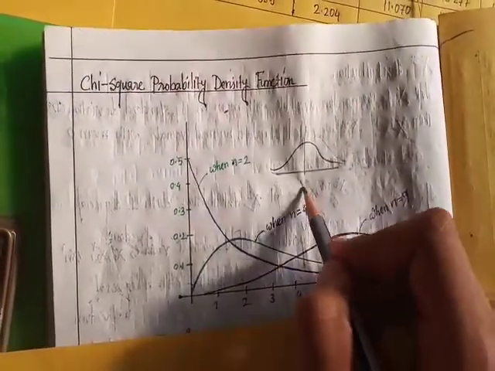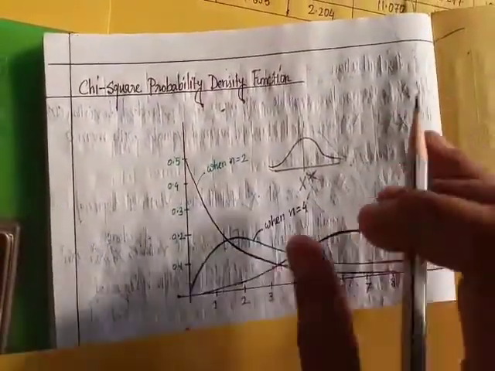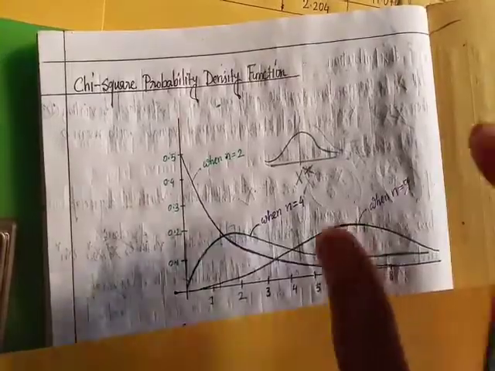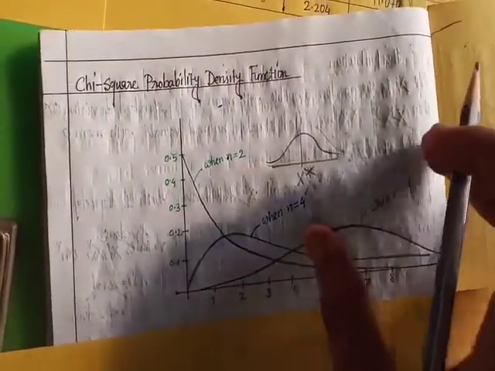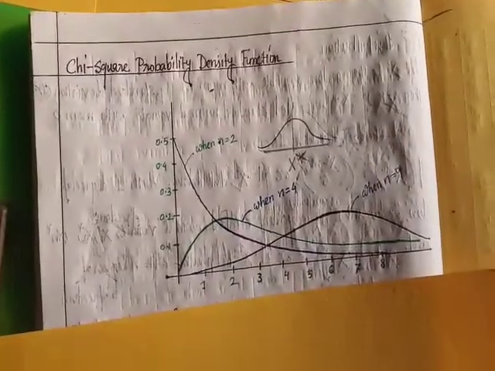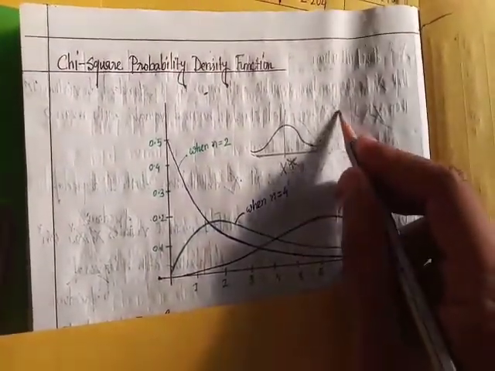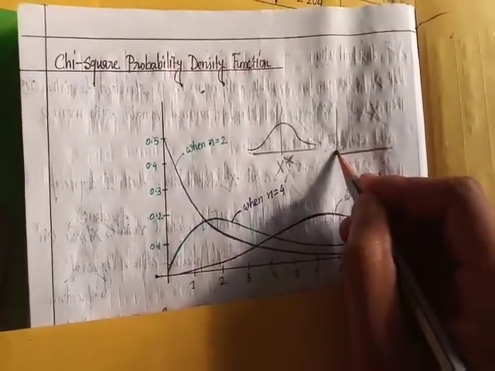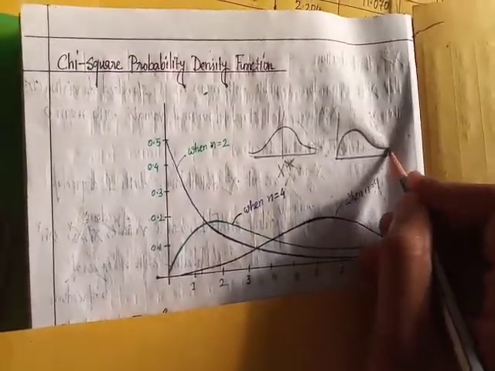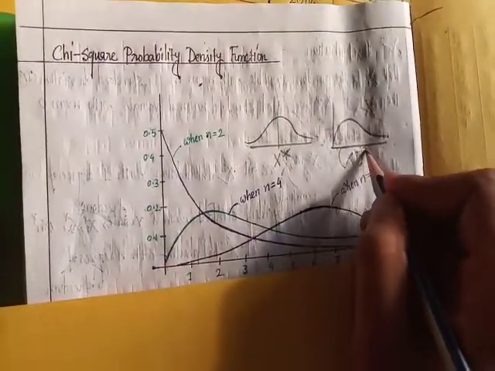But chi-square is the square of a standard normal variate, so the square of the standard normal density curve becomes this.